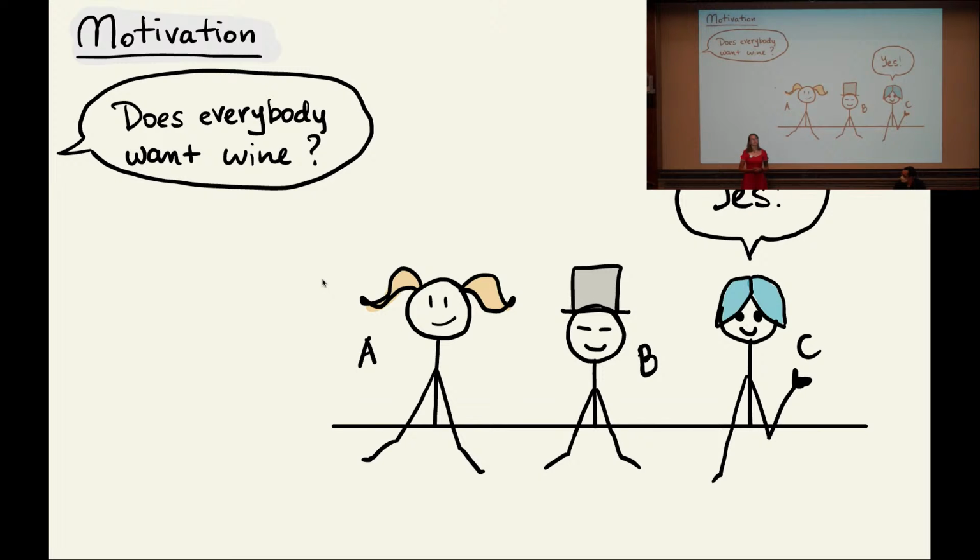So how did Charlie come to this conclusion that indeed everybody wants wine? What Charlie did is imagine themselves in Alice's place, and think, okay, if Alice didn't want wine, then she would have said no, because Alice is a logical person, and if she doesn't want wine, then not everyone in the group wants wine.